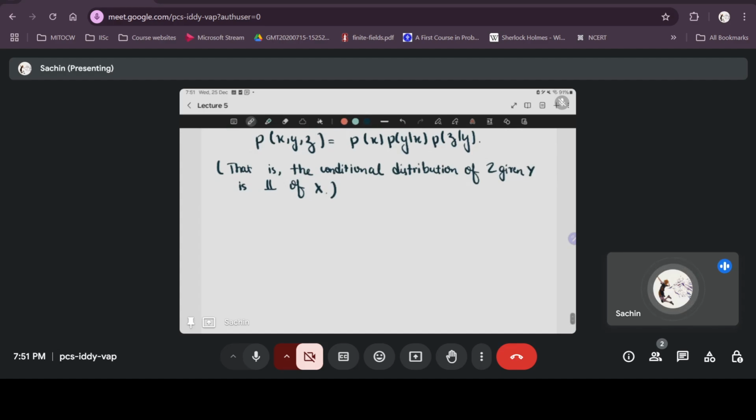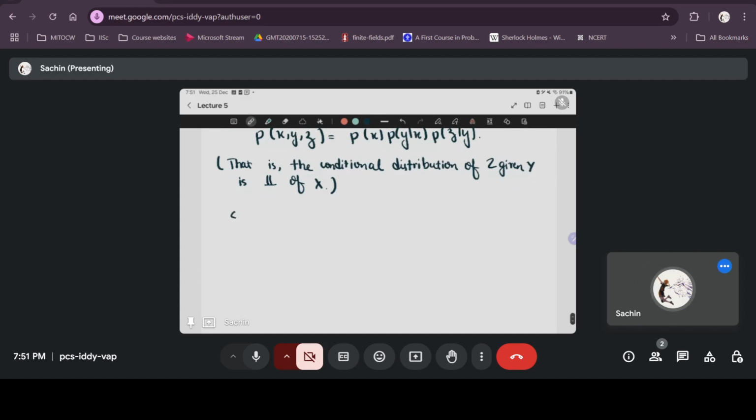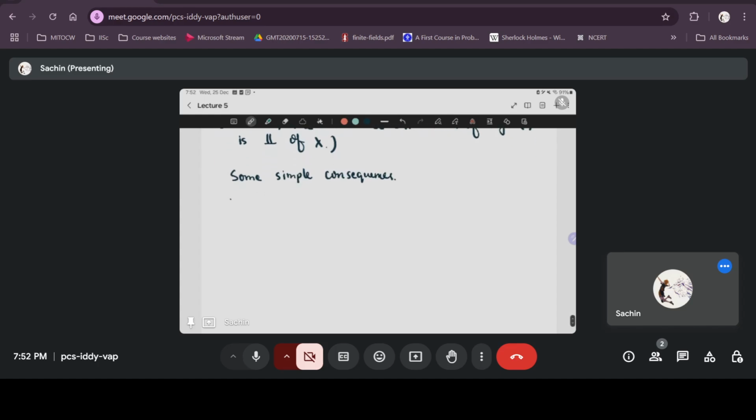So from this, there are a few simple consequences. First one is that x, y, z is a Markov chain if and only if x and z are conditionally independent given y.